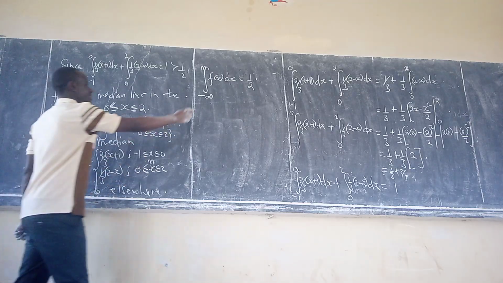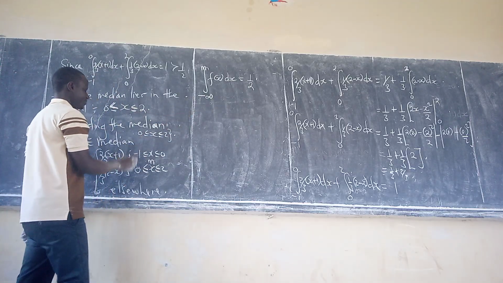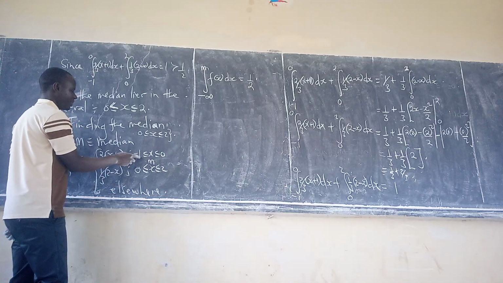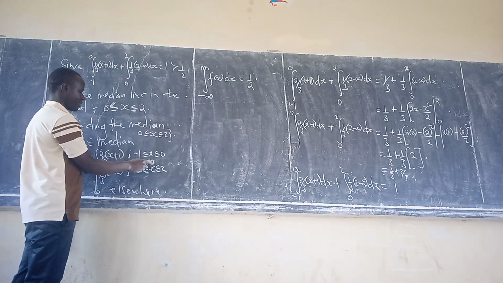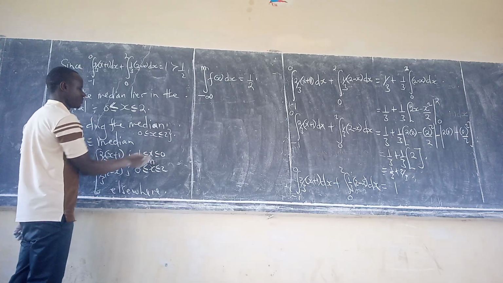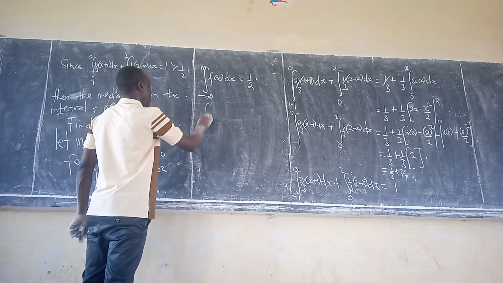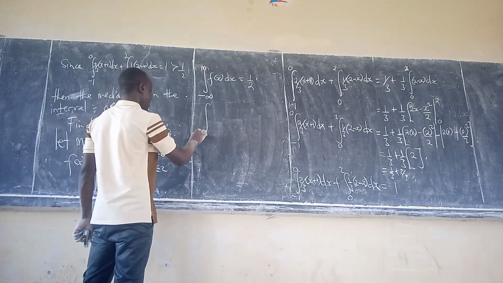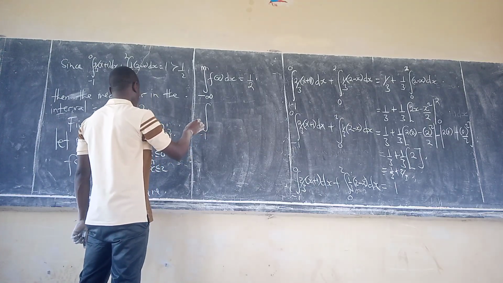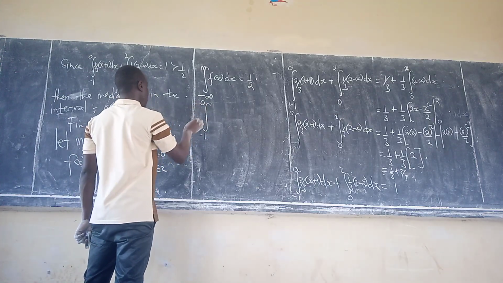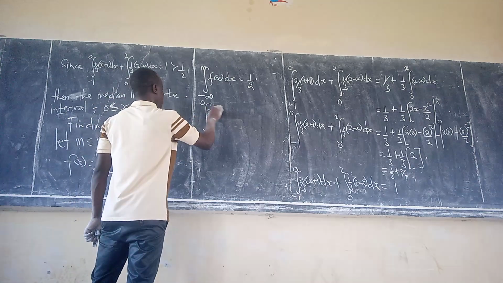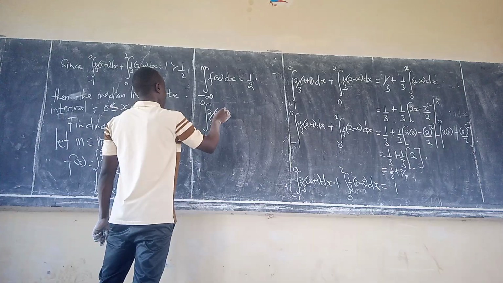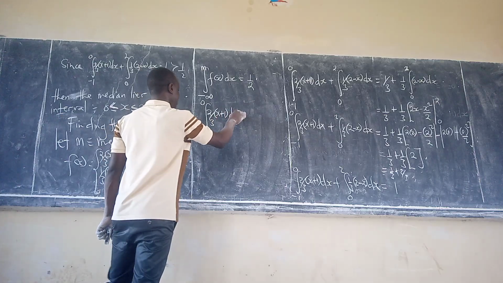Now negative infinity is the lower limit of the interval, but our interval stretches from what? -1, because you can't reach this m unless you go through this one. So we are going to have the integral from -1 up to 0 of 2 over 3 into x plus 1 dx.